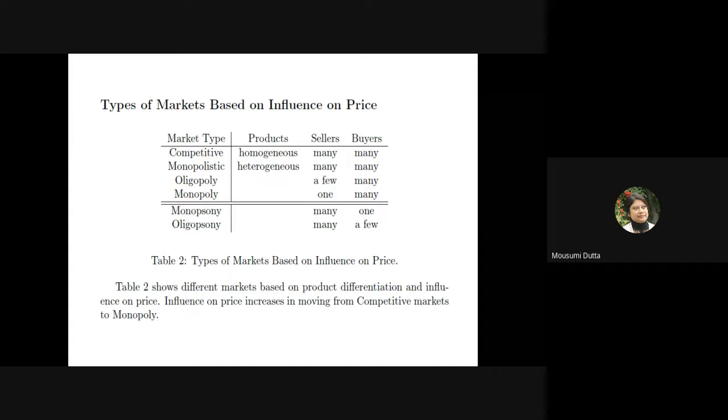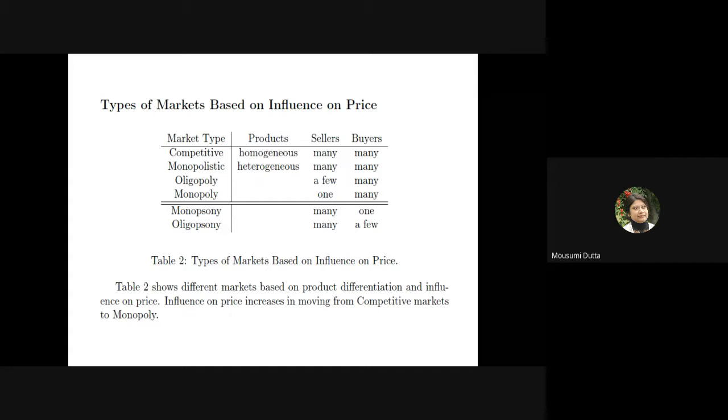However, broadly, if you think about a local market based on a region, more or less we can think that agriculture is a competitive market. So what we are understanding, the influence on price will be nil here. So what happens in the context of perfect competition or competitive markets, there will be a certain market-determined price where the total demand will be exactly equal to total supply.